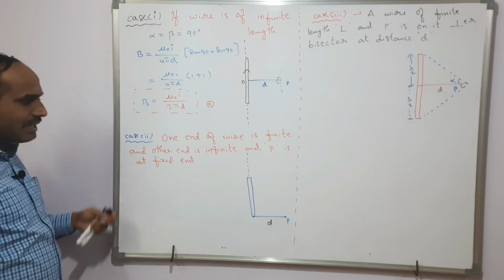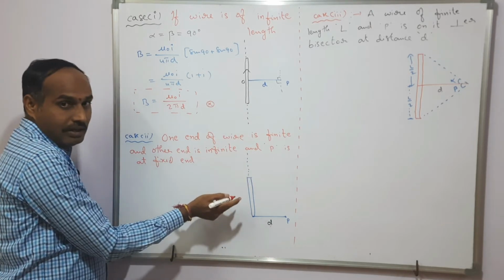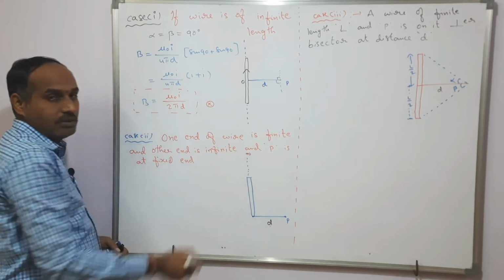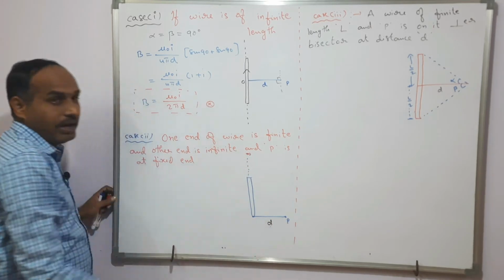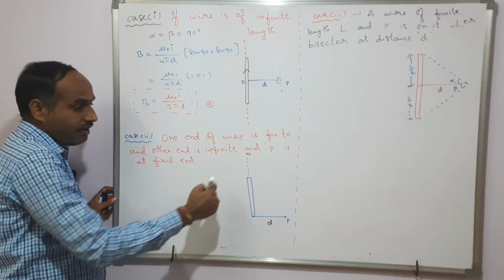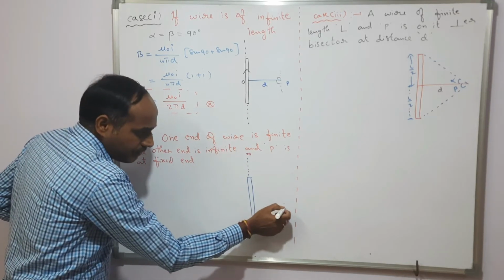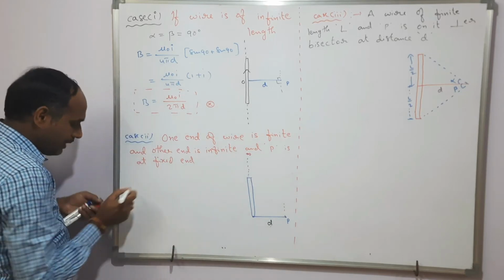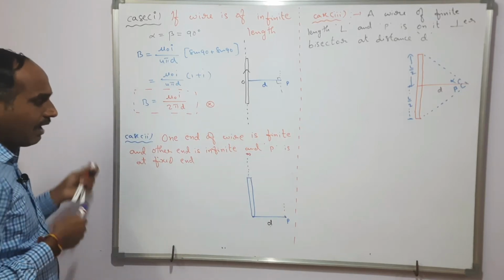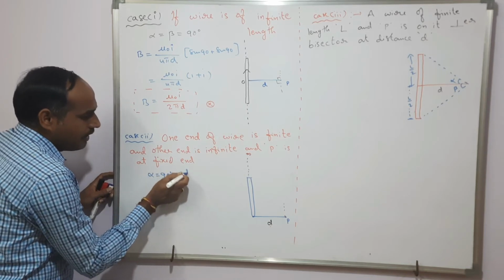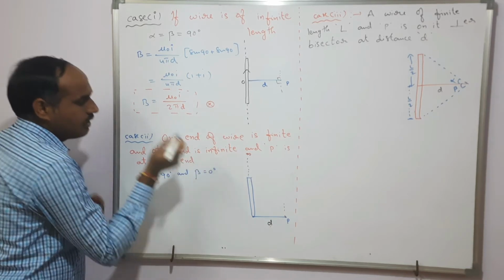So now in the second case, we are taking the wire of which one end is finite and another end is infinite, and the point lies at this position. So always the line joining from the end to that point with the normal is the angle alpha. So by this we can write alpha is equal to 90 degrees and beta is equal to 0 degrees.